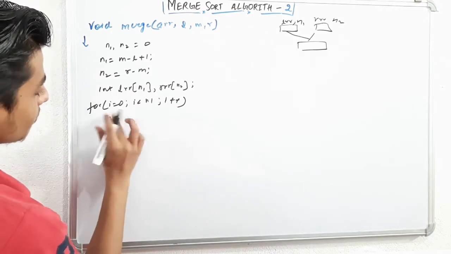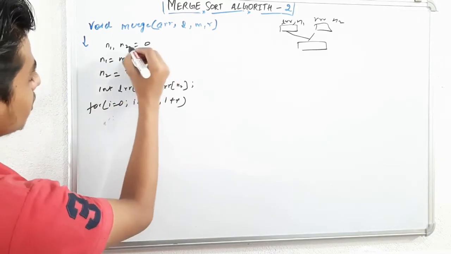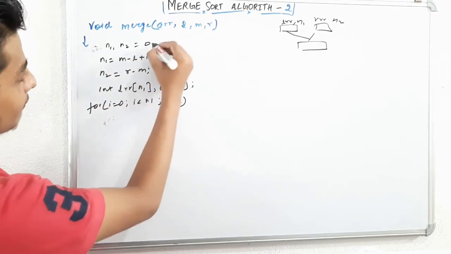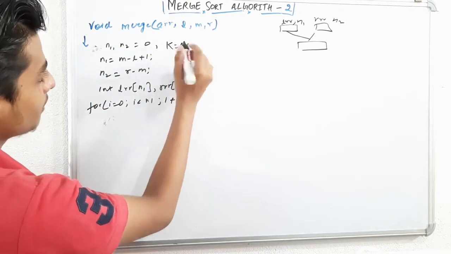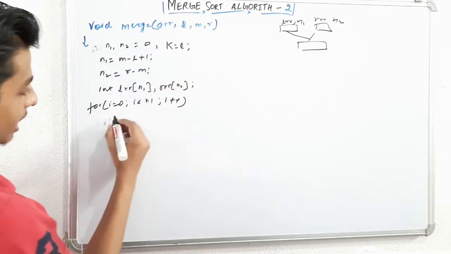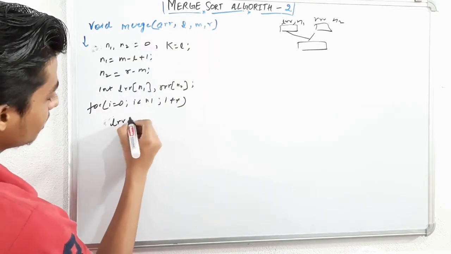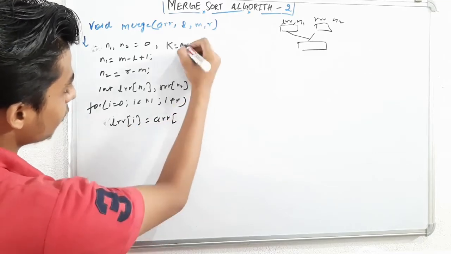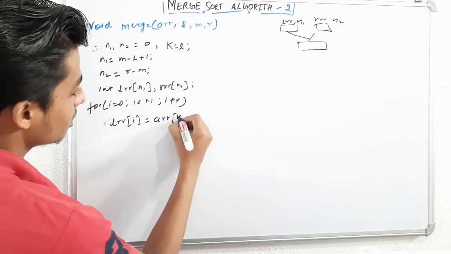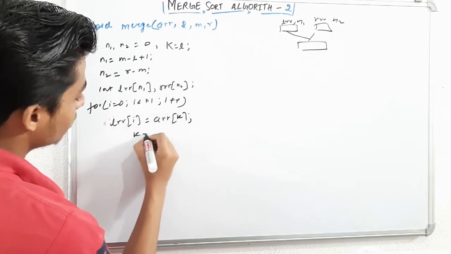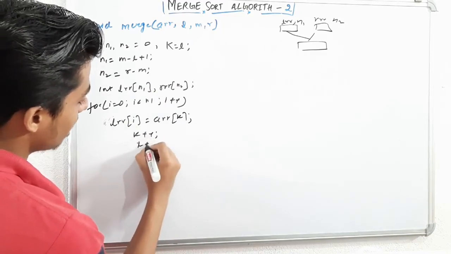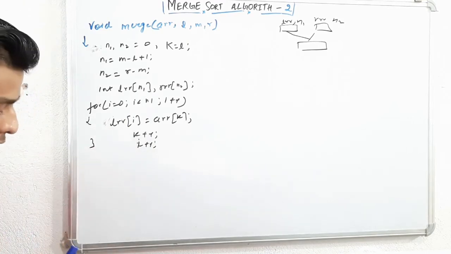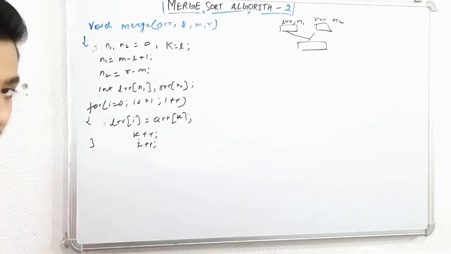Also you define one more variable k, whose value will be equal to L because the starting index is L. We need to copy the elements from ARR starting from L to M, so k plus plus, i plus plus. This is for copying the elements from ARR into LRR.